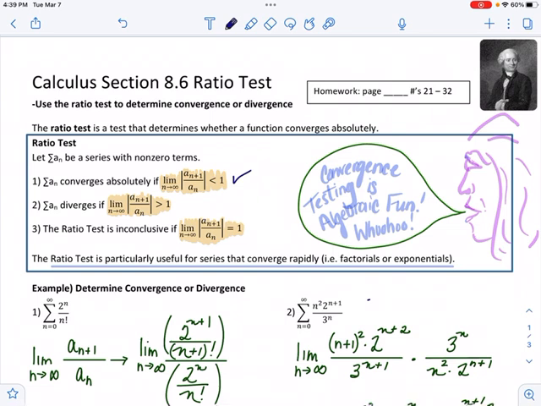The origin of this test is from France, by a gentleman named Jean Le Rond d'Alembert, in the 1700s, I think about the 1750s or so.